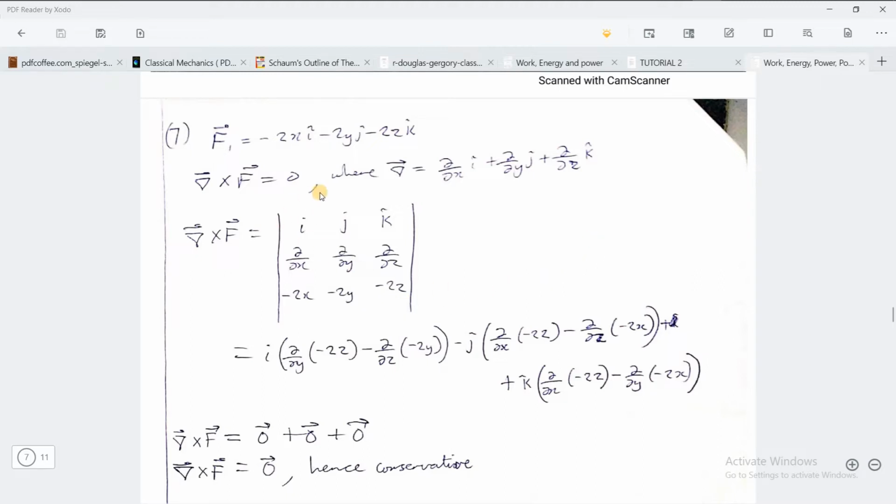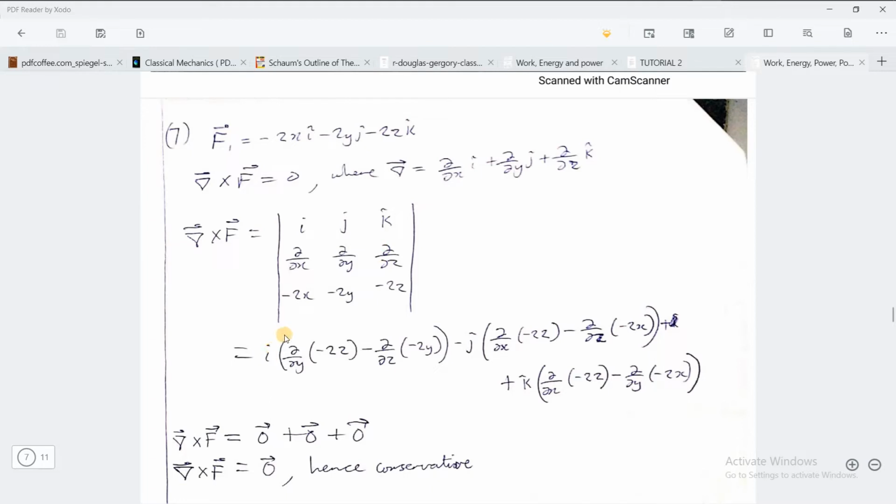Then from here use the same determinant method of taking the cross product. So here we take i outside, we cover this part and this part, and then multiply this times this and this times this. You remember the method of taking determinants; this is what we're just doing.